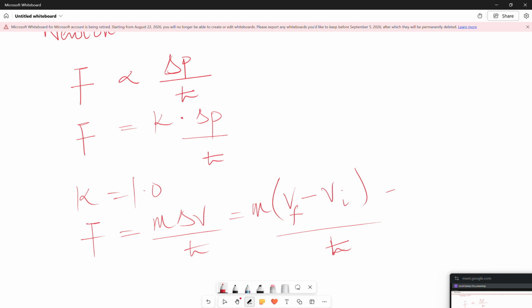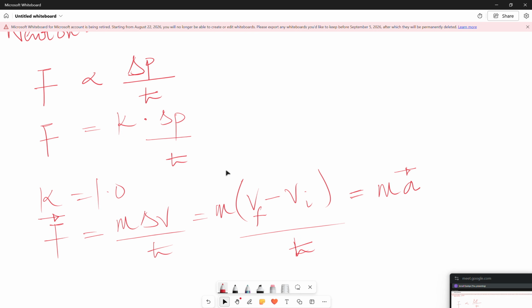And this gives you mass multiplied with acceleration, acceleration in the direction of the force. Do we still get what I'm trying to say?